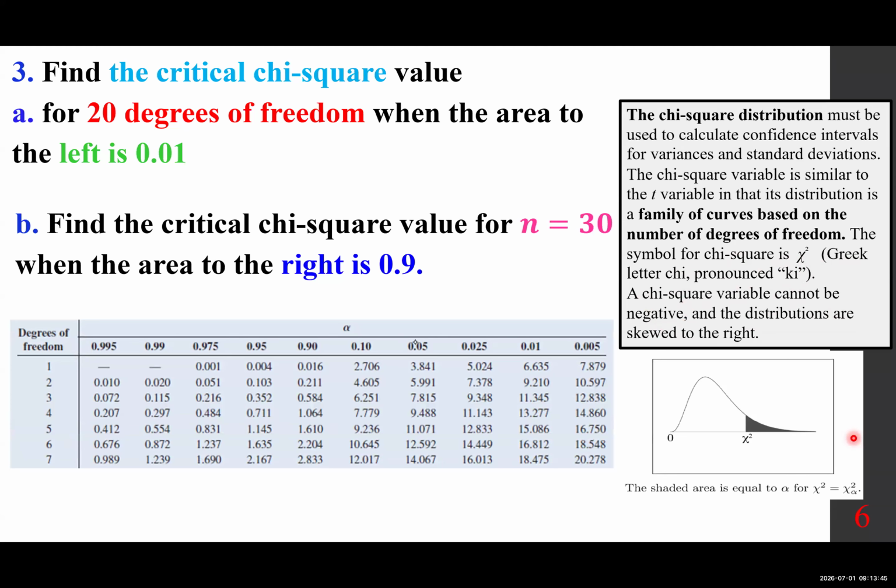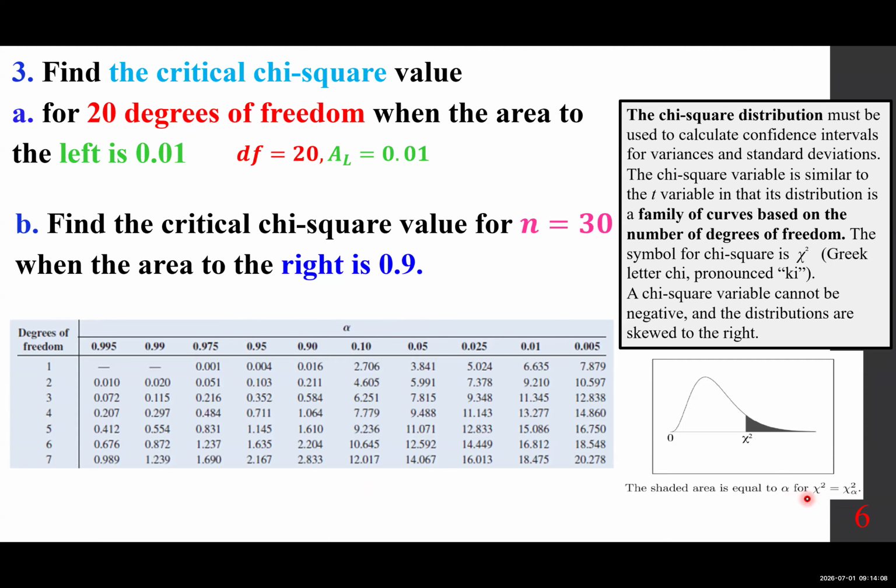So take a look. Here's a portion of the graph of the table. On the left column, you see degrees of freedom. At top, alpha, and it's skewed to the right. And the shaded area is equal to alpha for chi-squared. And so we need two things.